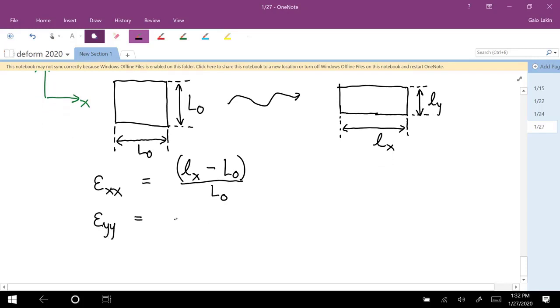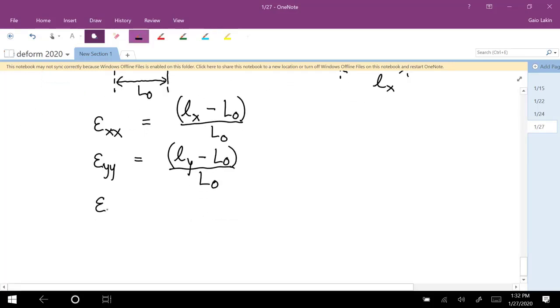The YY is lowercase ly minus big L0 divided by L0. And then you can't see it in the picture I've drawn, but you could also look from another side and define the same thing for epsilon ZZ. And that would be lowercase lz minus L0 divided by L0.